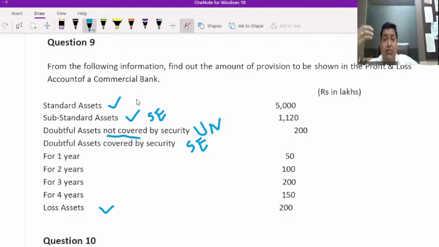So in standard assets, we have to understand whether it is agriculture, SME, CRE, CREH, or other. If nothing is specified, then it should be assumed as other. No agriculture, no SME, no CRE, no CREH, it should be assumed as other, and the percentage will be accordingly. So I hope guys you have taken the screenshot, and we need to prepare the table. Giving you 10-15 seconds, take a screenshot so that we can start the answer.